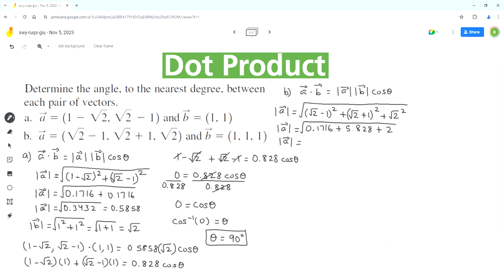Now we can add these numbers and apply square root. So I got 2.83. Now we can find the magnitude of vector B.